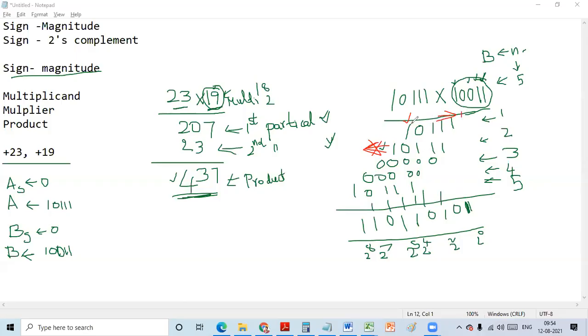Now the same will be in the correct successive positions. Am I clear? Then I will add the resultant partial product to the accumulated product.